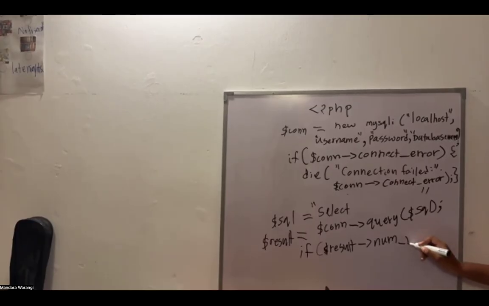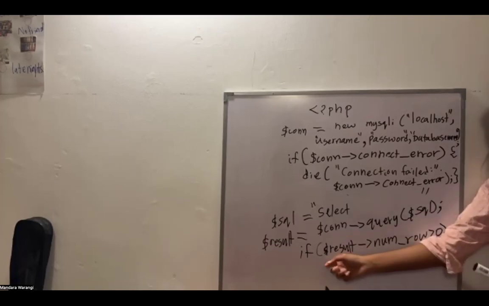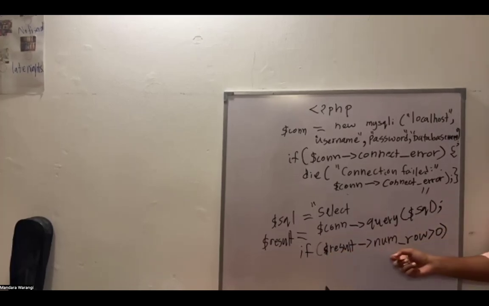If the result's number of rows is more than 0, if the result's number of rows is more than 0, can you see it clearly?